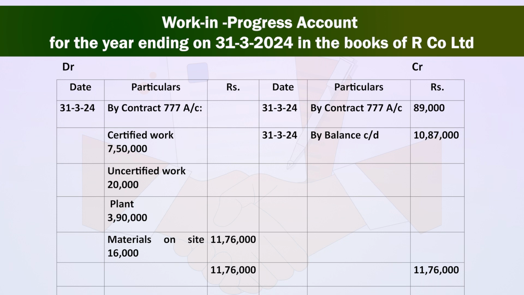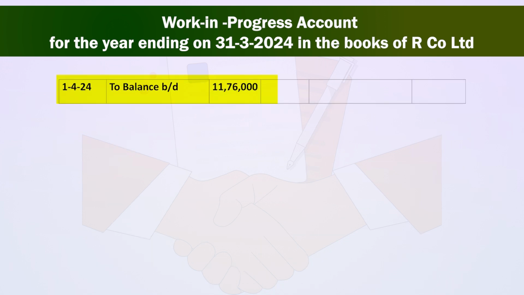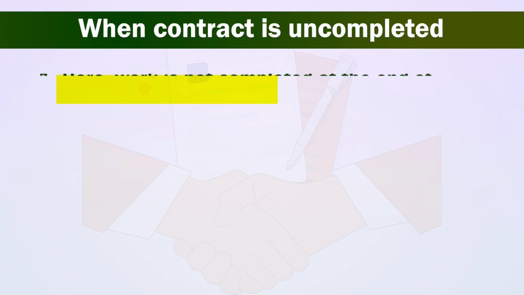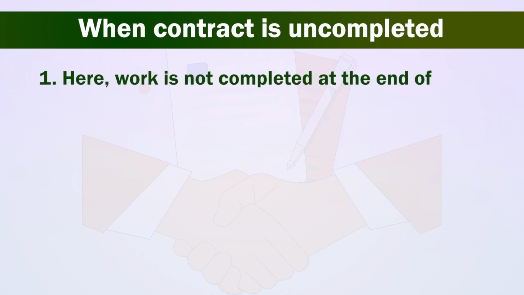So, here also our debit balance is rupees 10,87,000, which we will bring forward to next year on 1st April 2024 as balance brought down rupees 10,87,000. Here, work is not completed at the end of the accounting year.